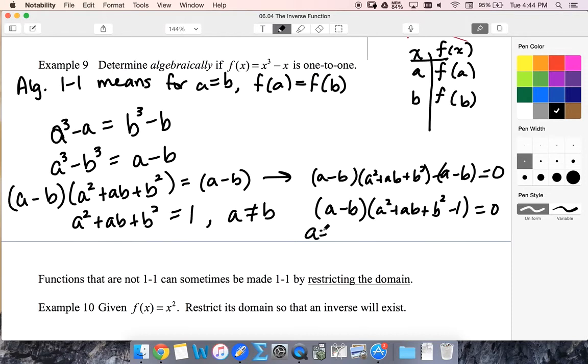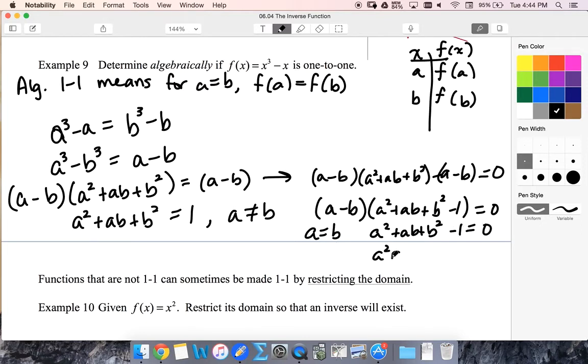Well, this would have a solution when a equals b. That's what I want. But this is also going to have a solution where a does not equal b. So let's look at that. That would mean a squared plus ab plus b squared minus 1 would be equal to 0.